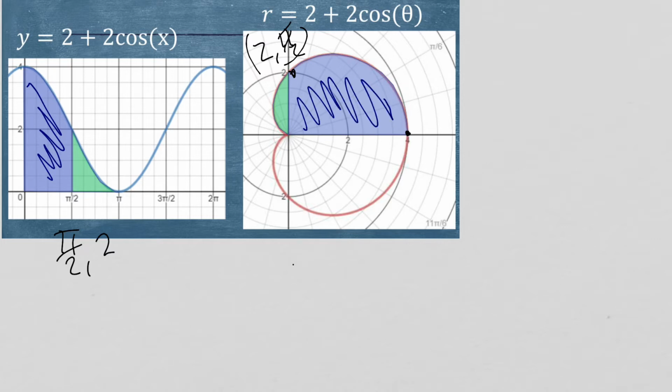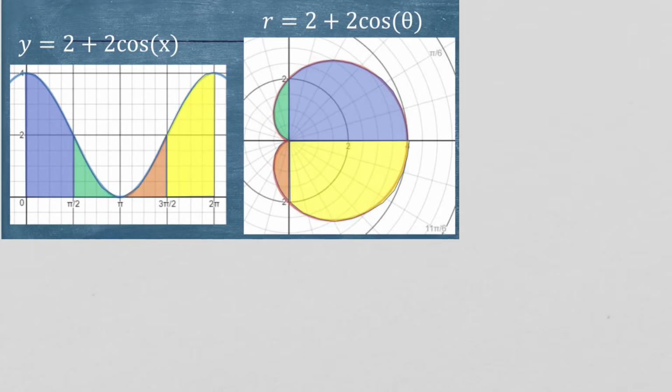Then it's switching from pi over 2 to pi. Here's that piece that's making that little piece coming out like this, in green. At pi, it goes back to 0, the radius of 0. So this is green here. Then, after that, it's going from pi to 3 pi over 2, so from 180 to 270.